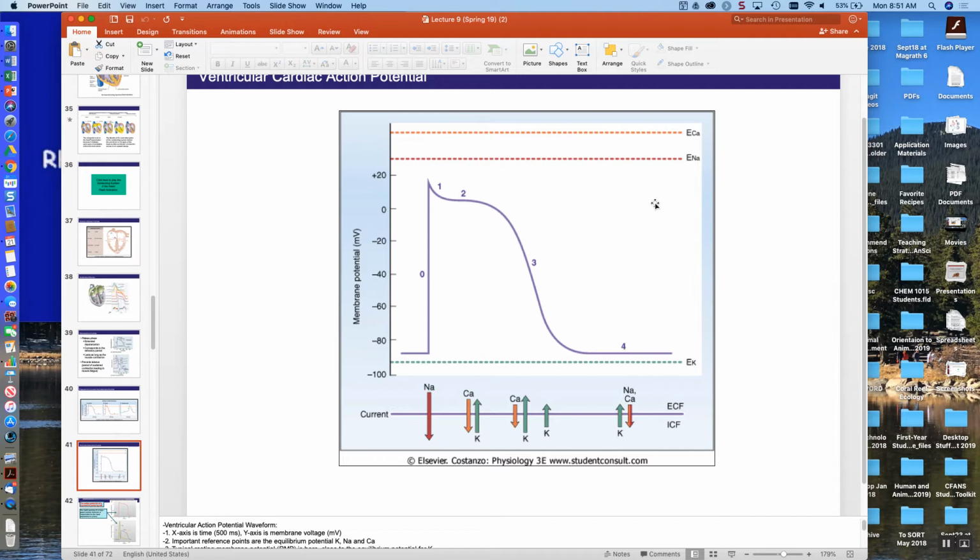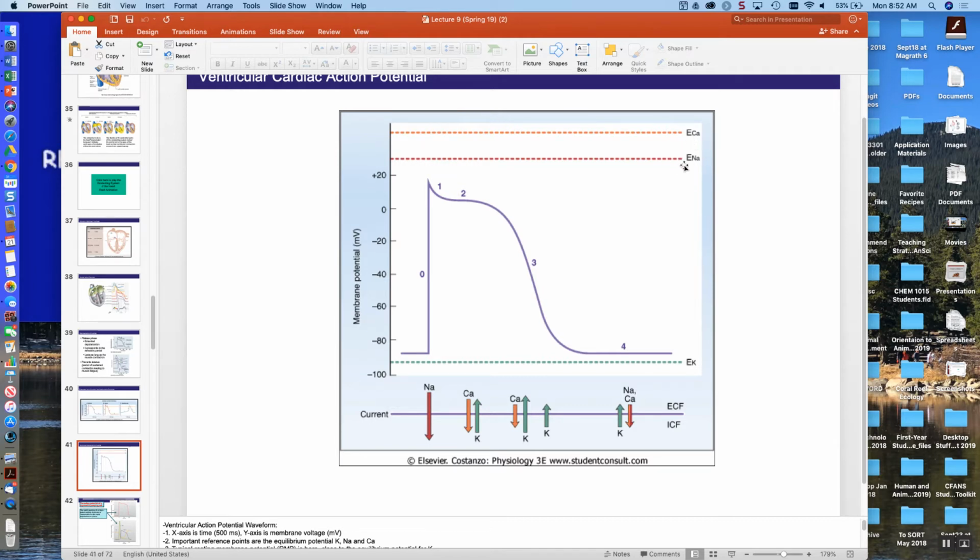All right, so also please notice the equilibrium potentials and remember the chord conductance equation as I'm going through this. Remember, it's all about the relative conductances. If we're talking about, say, only sodium and potassium moving across the membrane and the two conductances are 50-50, the membrane potential is going to be about halfway in between.